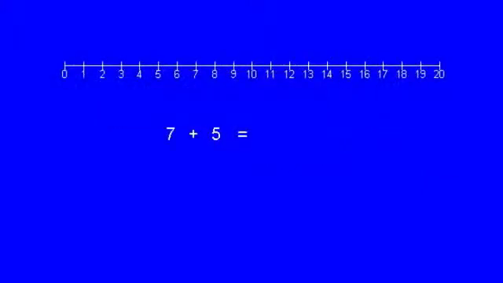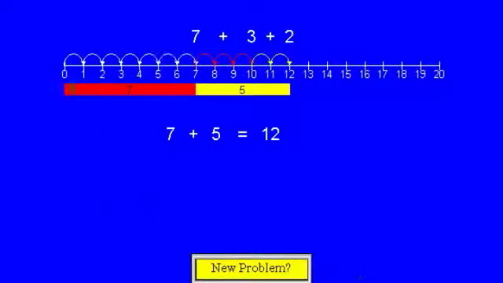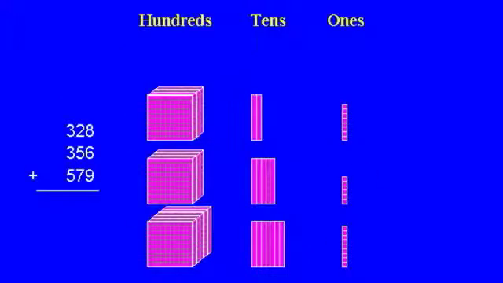Or you can go to the number line. So you can count over 7, and then 3 more get you to 10, and then 2 more get you to 12.